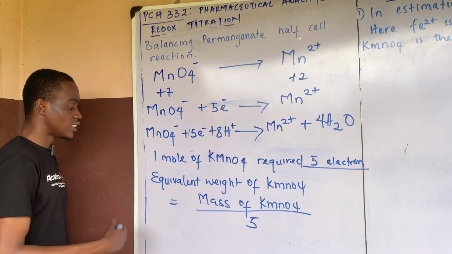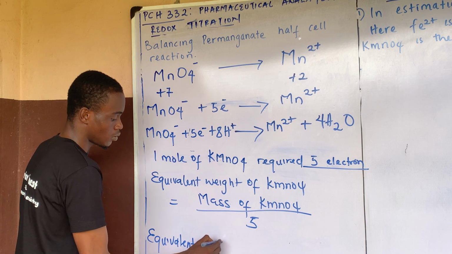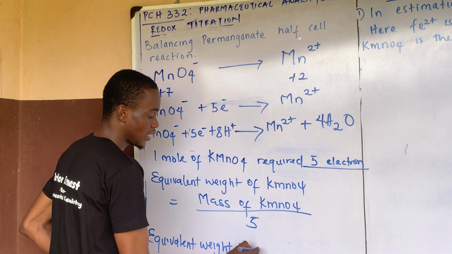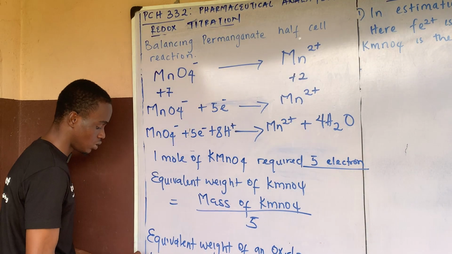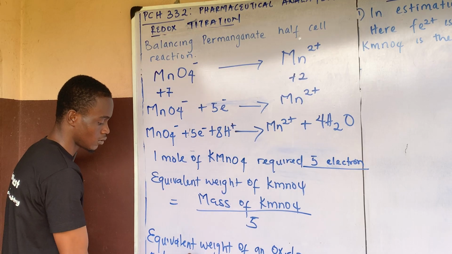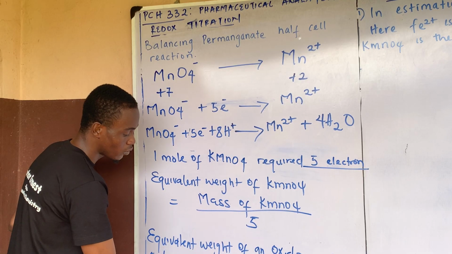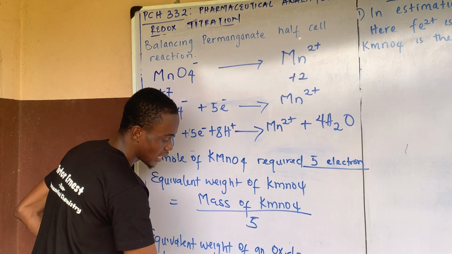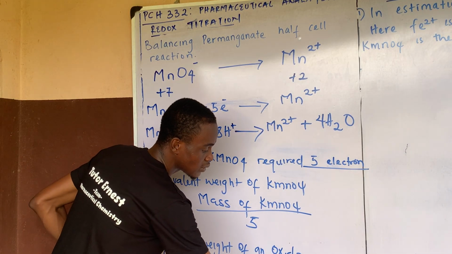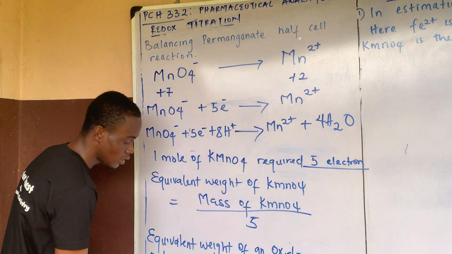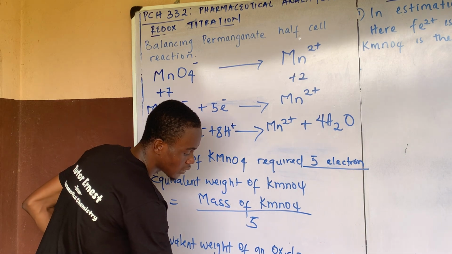So generally, it is said that the equivalent weight of an oxidizing or reducing agent will be equal to the mass of the oxidizing or reducing agent divided by the electrons lost or gained.